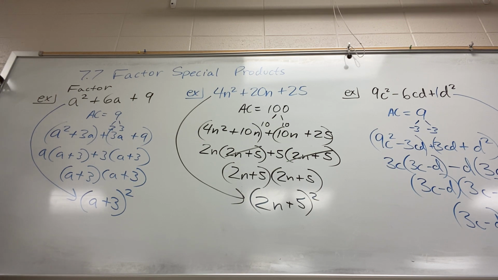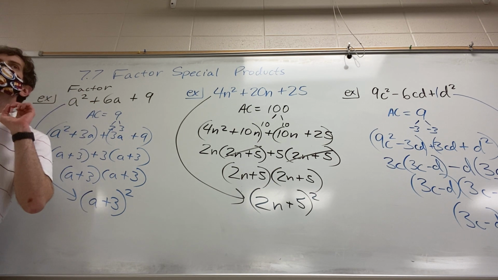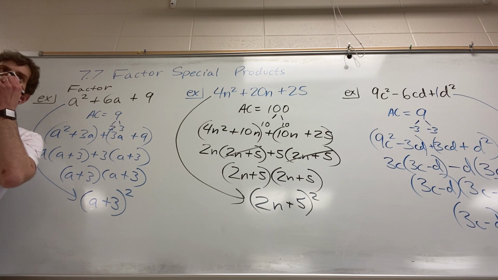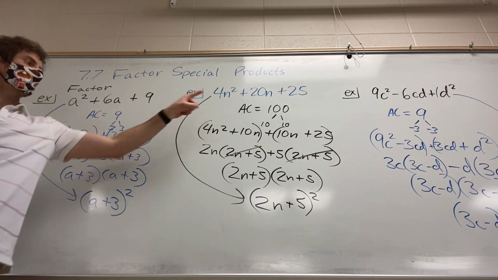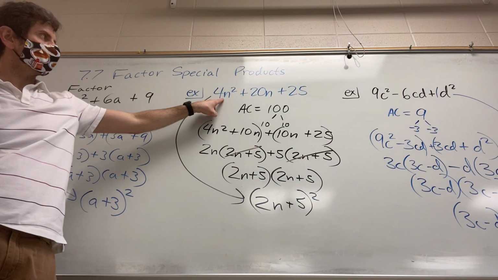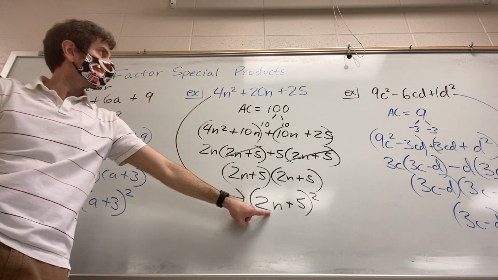Well, it turns out, check this out. What's the square root of a squared? What's the square root of 9? 3. The other one doesn't matter. Here's the thing: the middle number does matter, but it doesn't help you get the answer. Take a look. What's the square root of this? 2n.